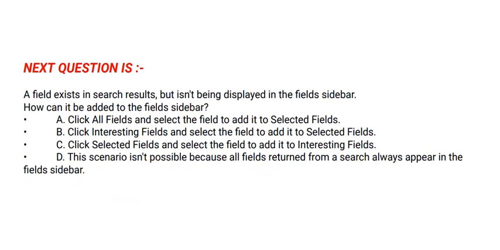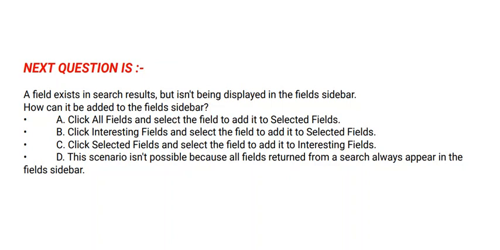Next question is, a field exists in search results but is not being displayed in the fields sidebar. How can it be added to the fields sidebar? Options are option A, click all fields and select the field to add it to selected fields. Option B, click interesting fields and select the field to add it to selected fields.